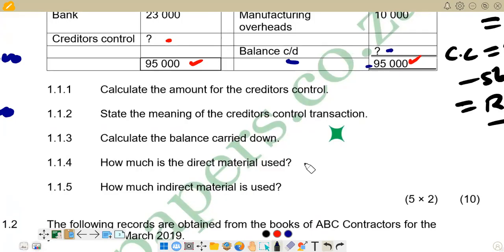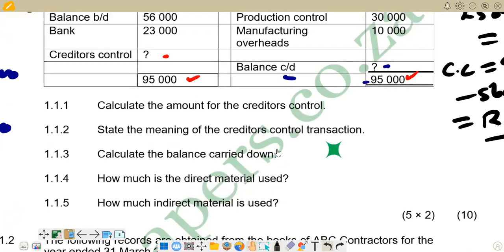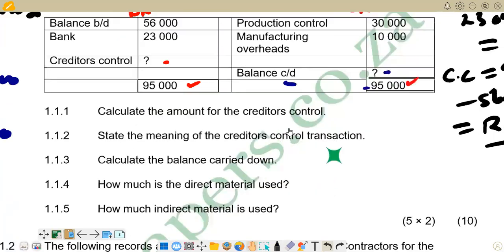So on that one, we are on 1.1.4. Simply, we can say the material that is transferred, we call it direct material. How much direct material is used? The figure that we have there for production control, 30,000, represents that one.